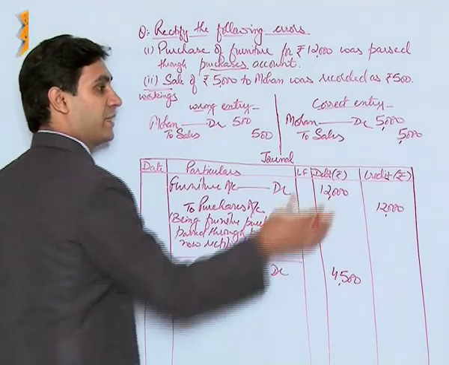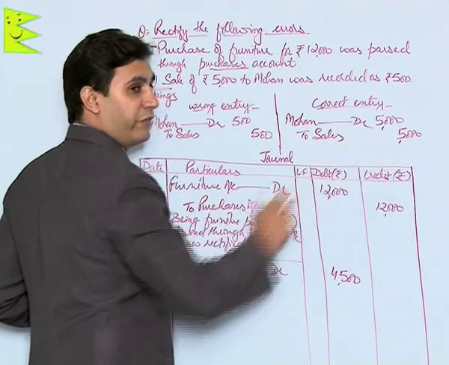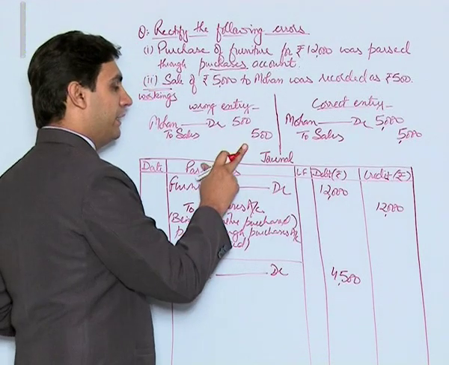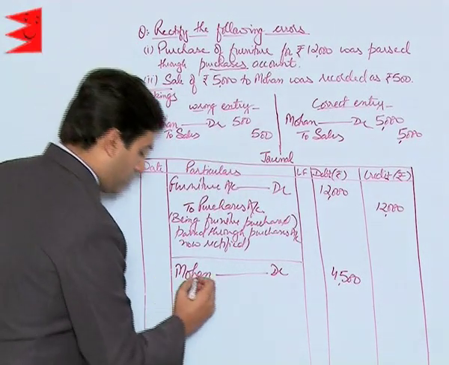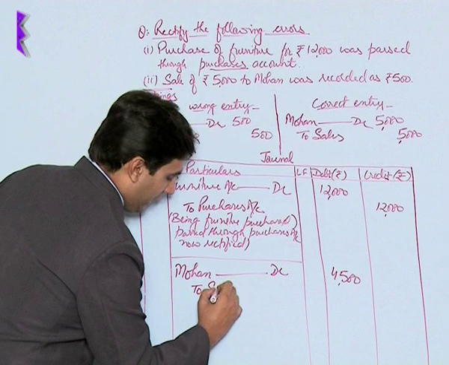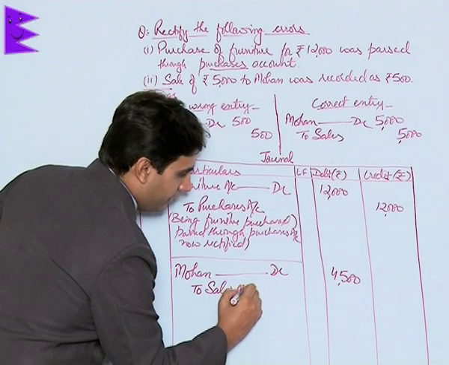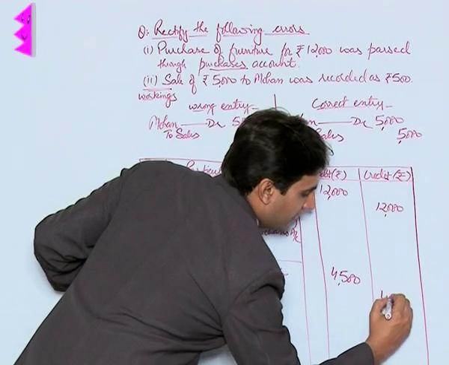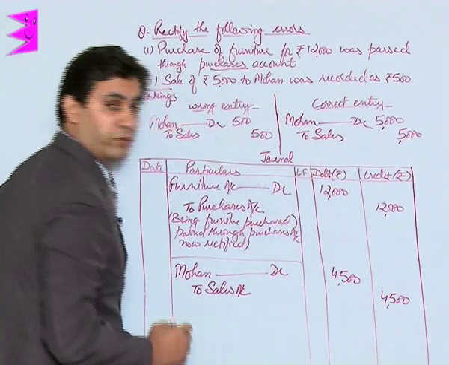Same thing for sales. Sales should have been credited for 5,000, but they have been credited only with 500 rupees. So there is a less credit. To rectify it, we'll again credit the sales account with the difference amount, that is 4,500.